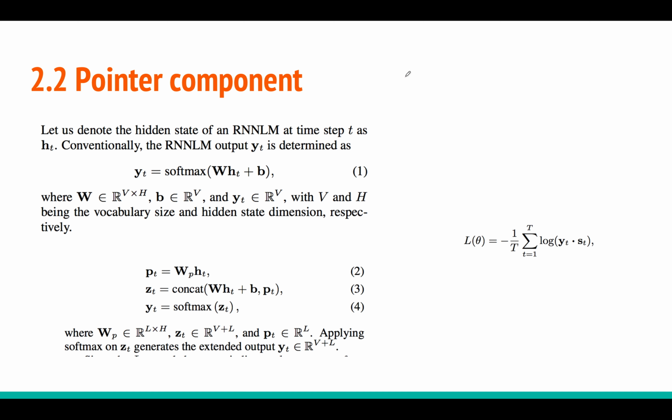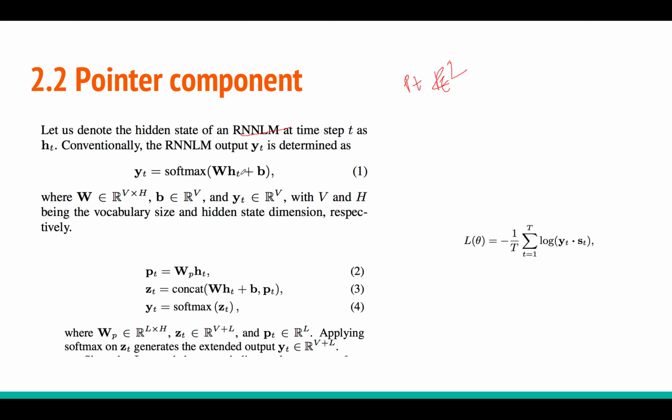So the pointer component is basically the PT vector you saw, which is of dimension L, right? Let's say you have an RNN language model. Let's just assume a simple RNN language model, no need of LSTM or any other fancy GRU.